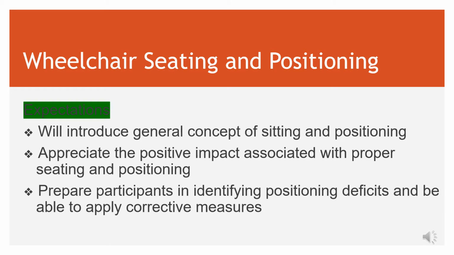The participants will appreciate the positive impact associated with proper sitting and positioning. And the instructor will prepare the participants in identifying positioning deficits and be able to apply corrective measures.